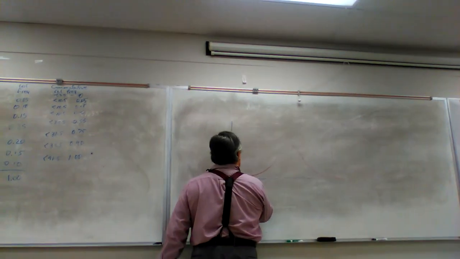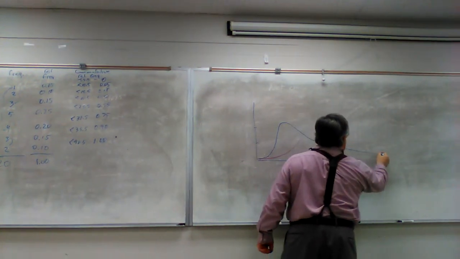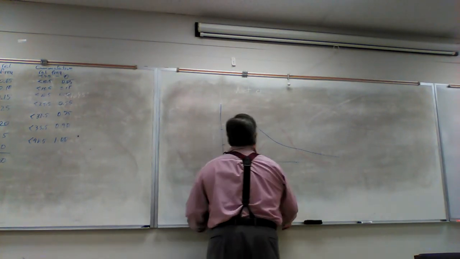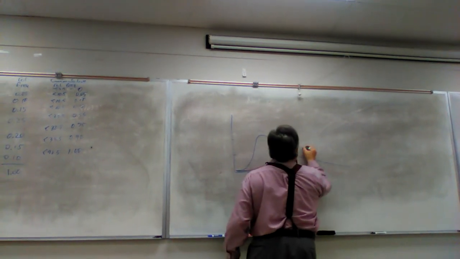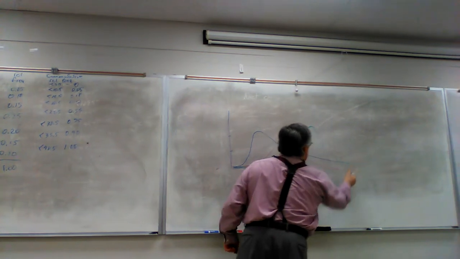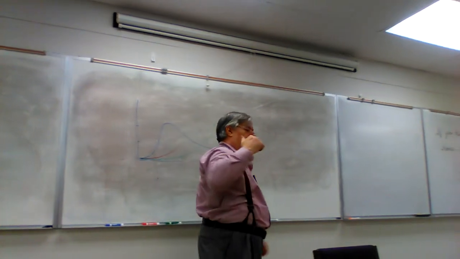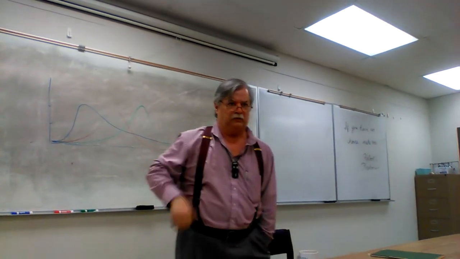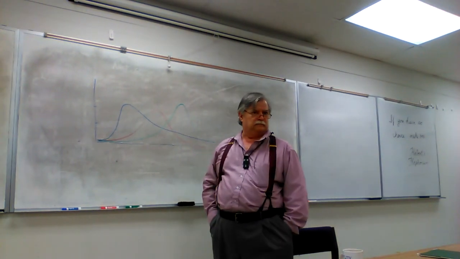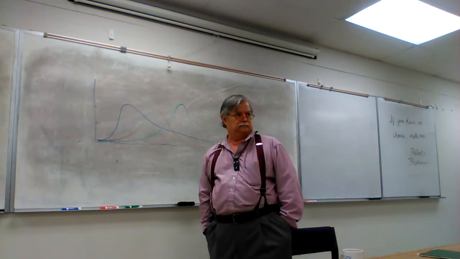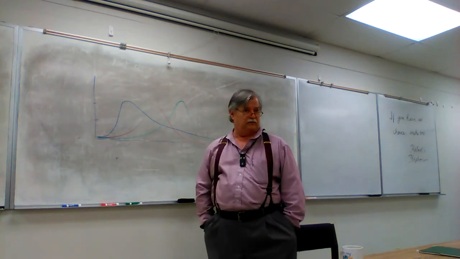You can also have one that does this, or you can have one that does this. Now, which one of those is left skewed and which one is right skewed, between the blue and the green? Green is left skewed, blue is right skewed.